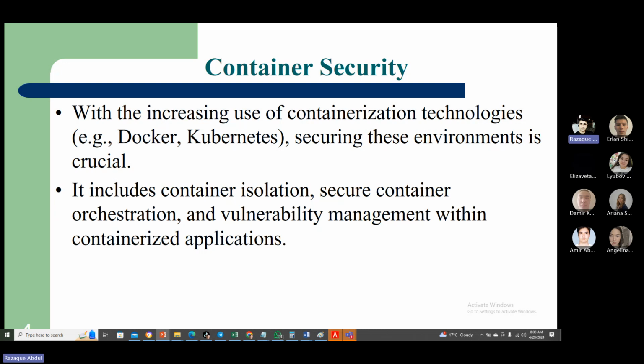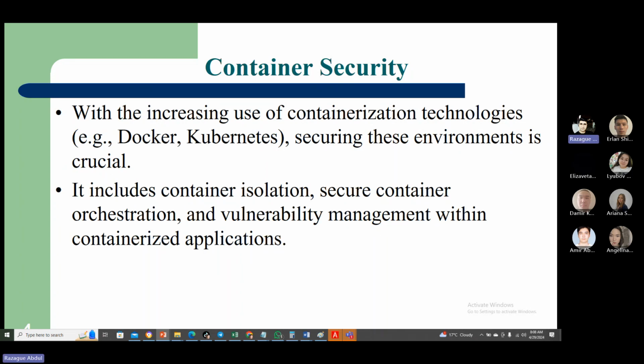Second is image signing and verification, meaning we have to ensure that only trusted containers are used in the environment by implementing an image signing and verification process.